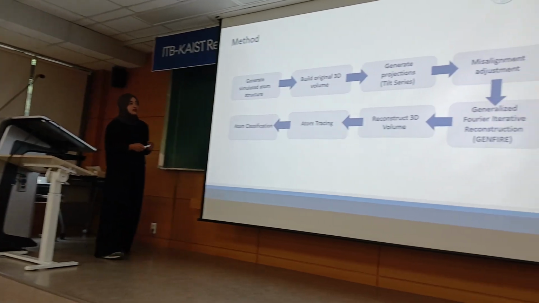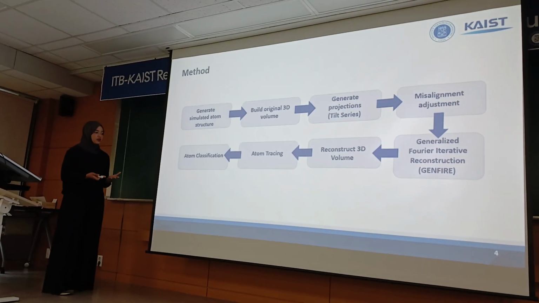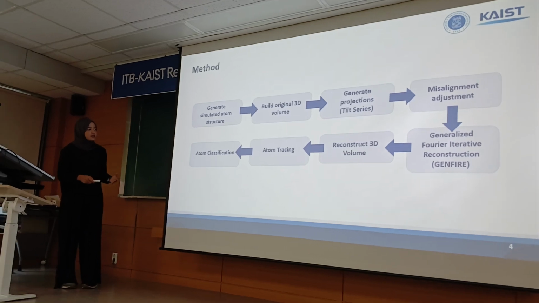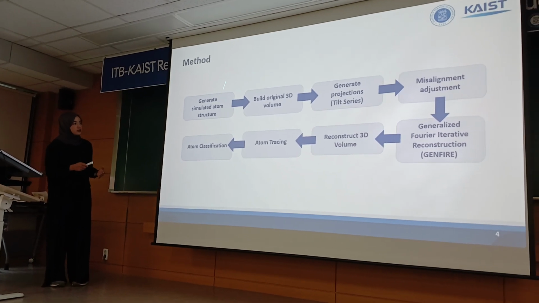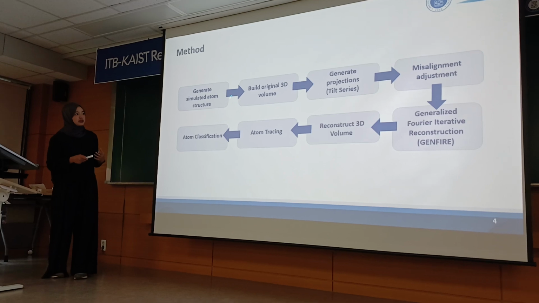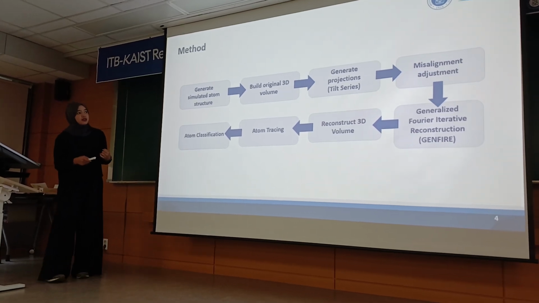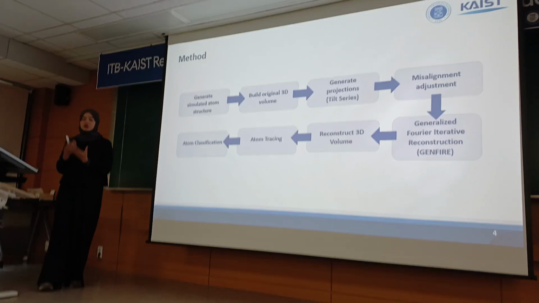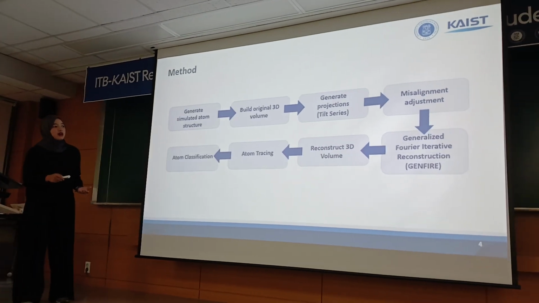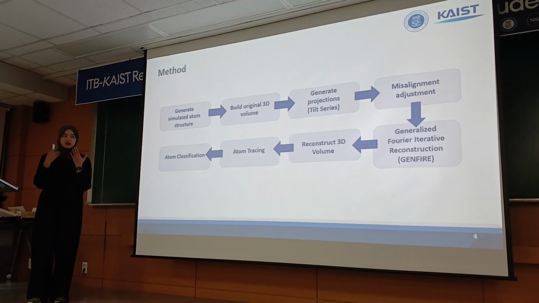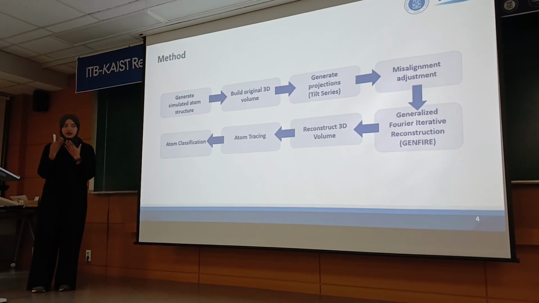And this is the method that I will use to reconstruct the atoms of the FePt nanoparticle. So I start by generating the simulated atom structure, and then build the original 3D volume. Then I generate the projections to obtain the tilt series from many angles, and then I adjust for the misalignment to get a better 3D reconstruction.